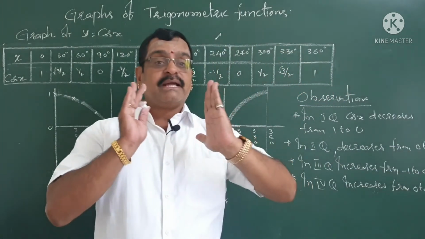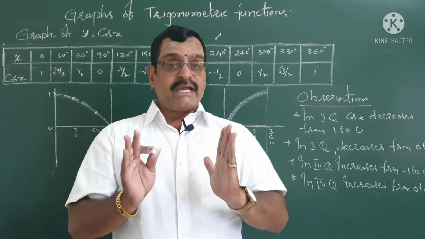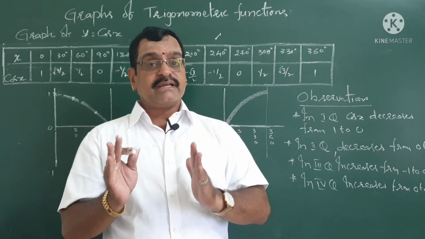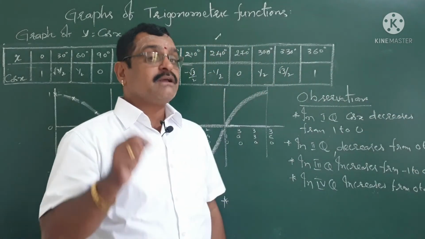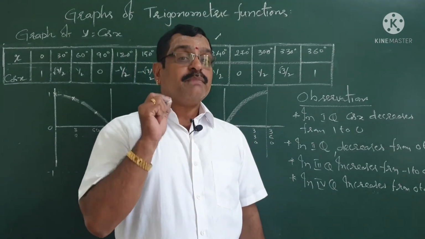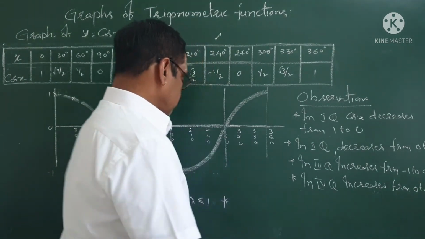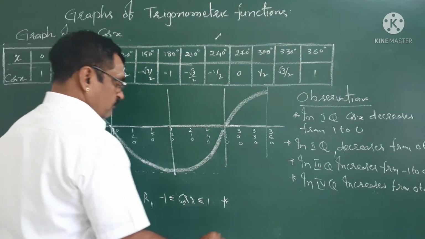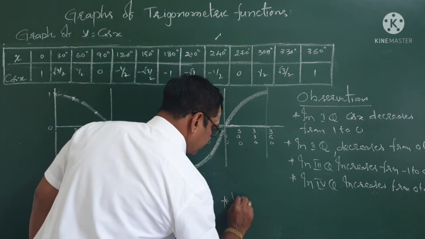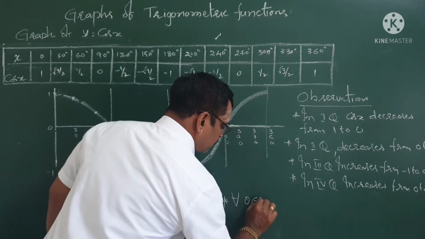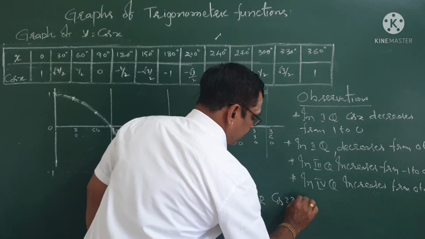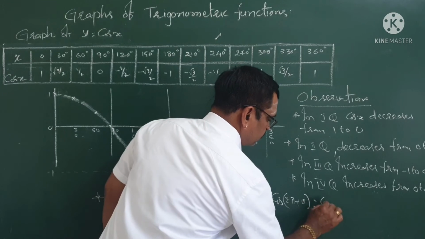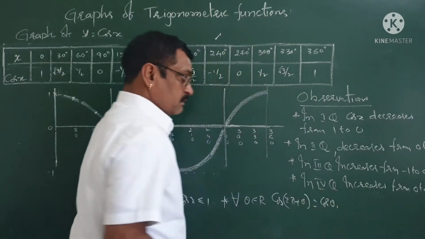That means in the interval of 2 pi radians or 360 degrees, the shape will repeat. That means the function is a periodic function with period 2 pi. For all theta belonging to R, cos of 2 pi plus theta is equal to cos theta.